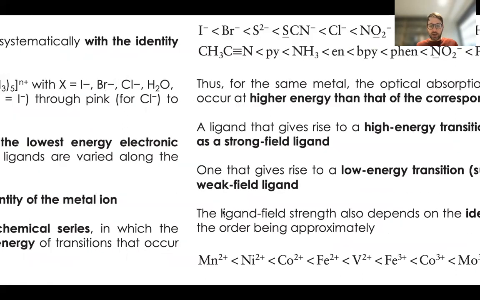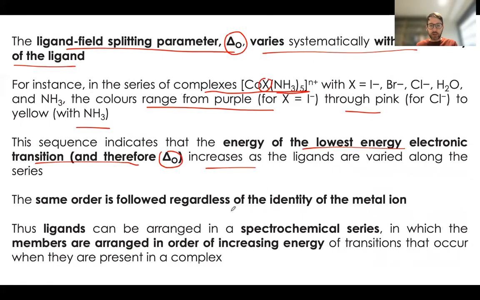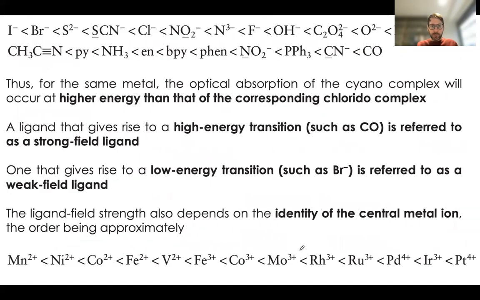And this series is followed regardless of the identity of the metal atom. And this means that we can order the ligands in an order that is called the spectrochemical series. In this spectrochemical series, we arrange the ligands in the order of increasing energy of the transitions that occur when they are present in the complex.